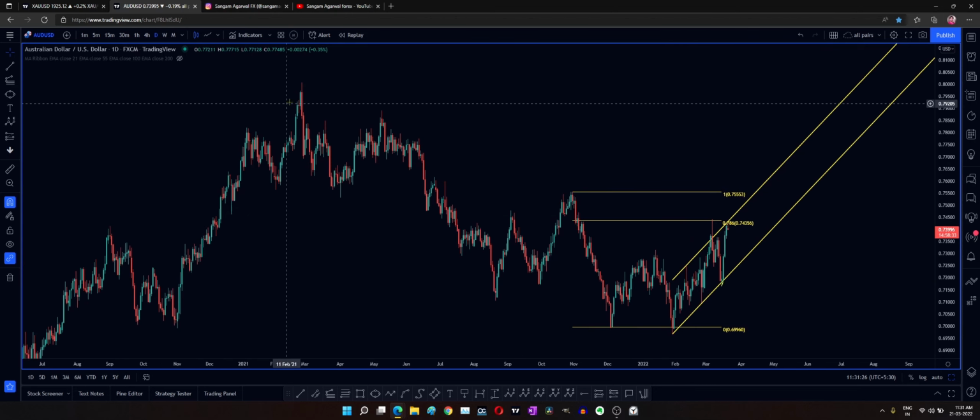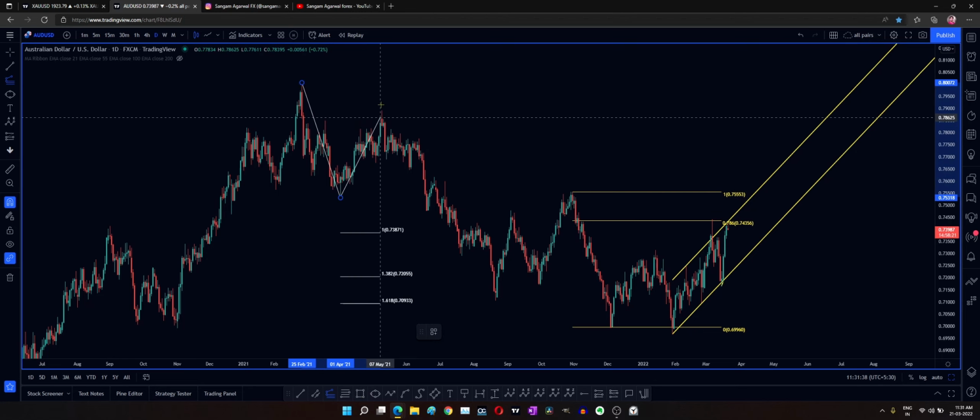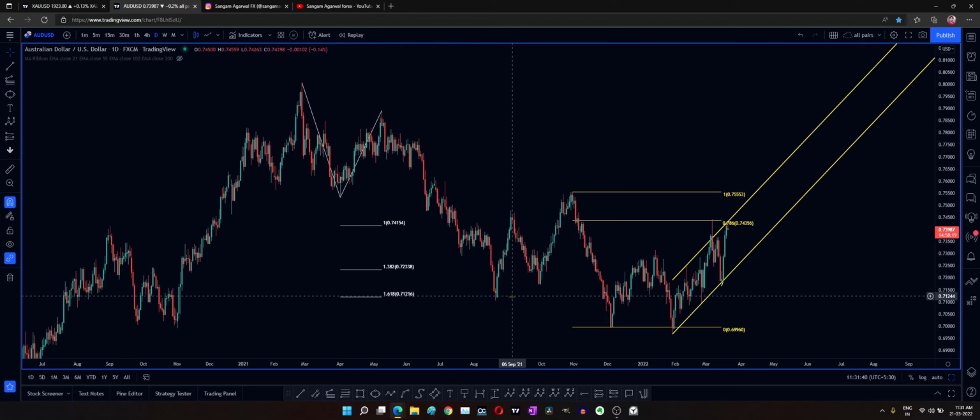If you apply Elliott wave theory on this pair from top to bottom and you draw a fib extension level, then price made a 61% projection here and it made a hammer, then a retracement.